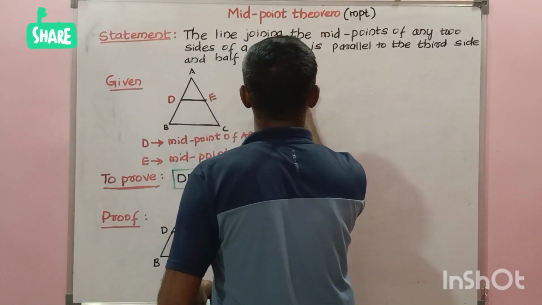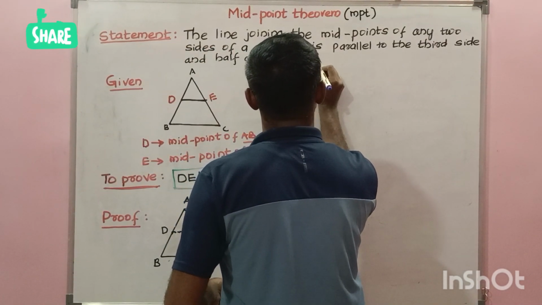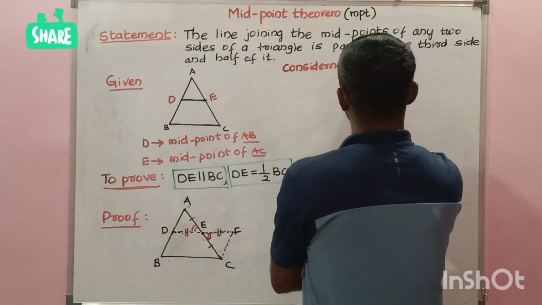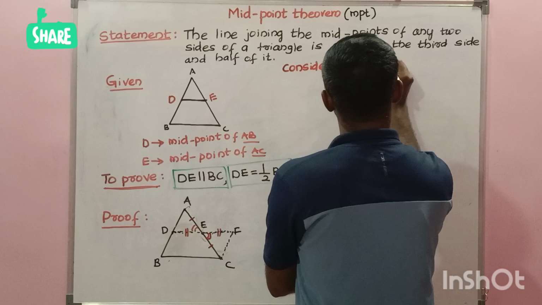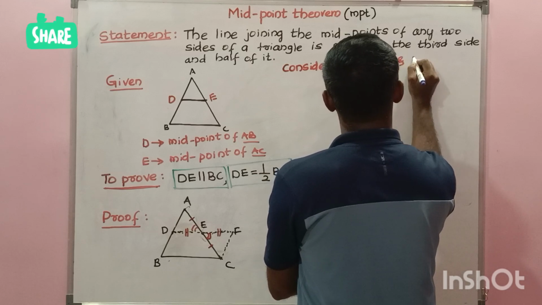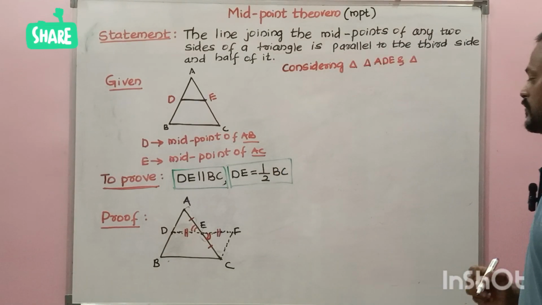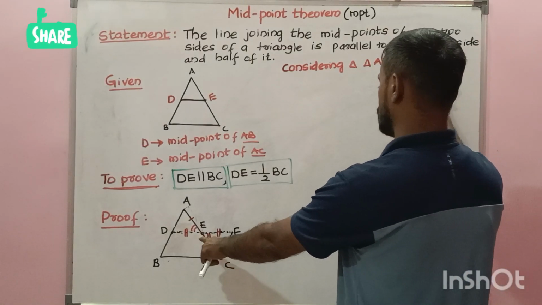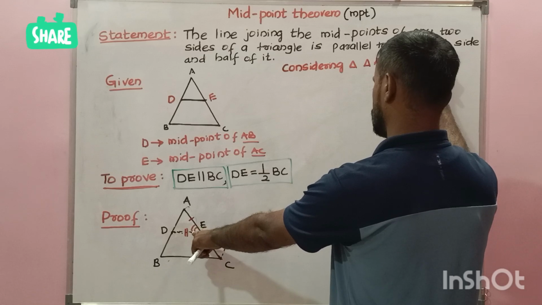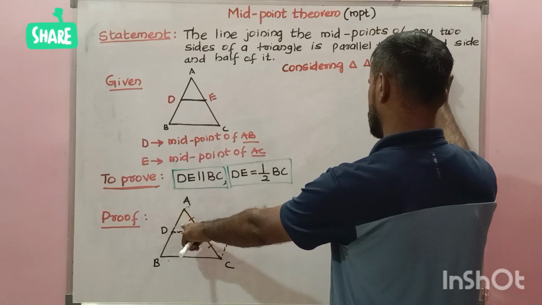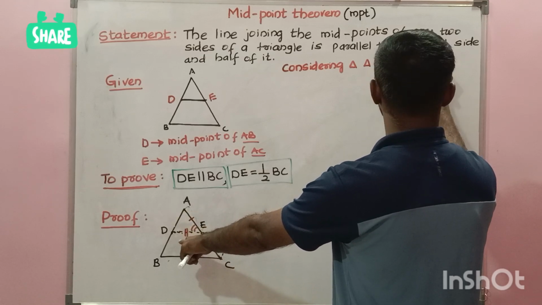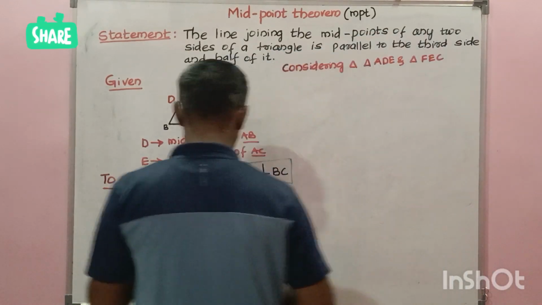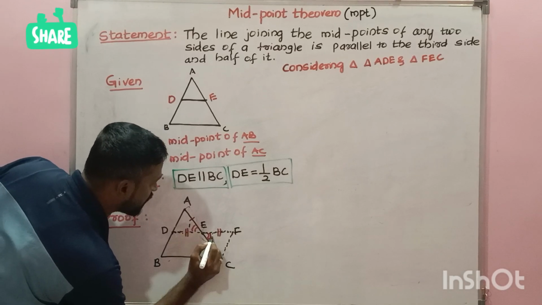Now considering triangle ADE and triangle FEC, let me give these angles as angle 1 and angle 2.